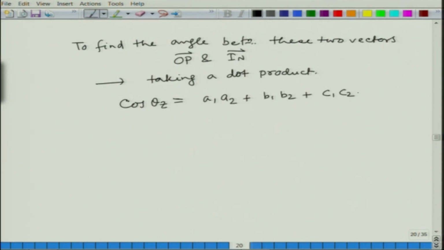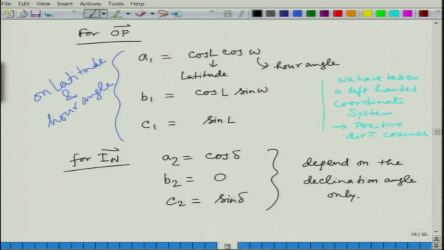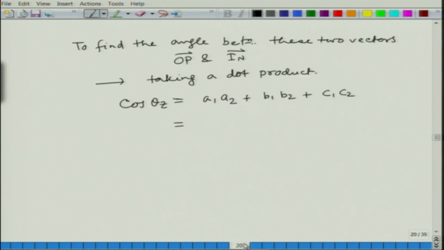So, A1 A2 plus B1 B2 plus C1 C2. Okay, that is how we get the cosine of theta z. Now, you take the values that we have obtained, and you directly can write this.